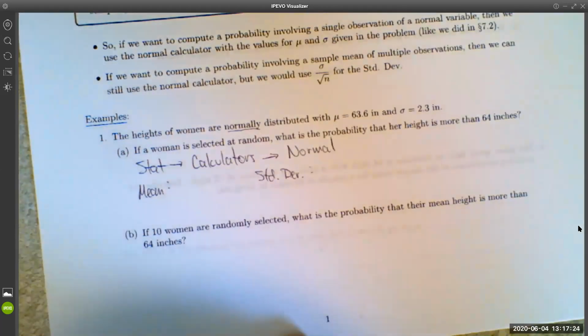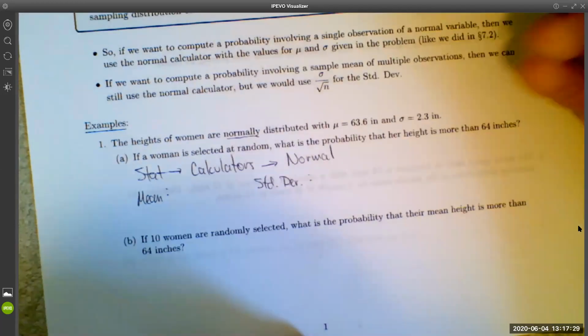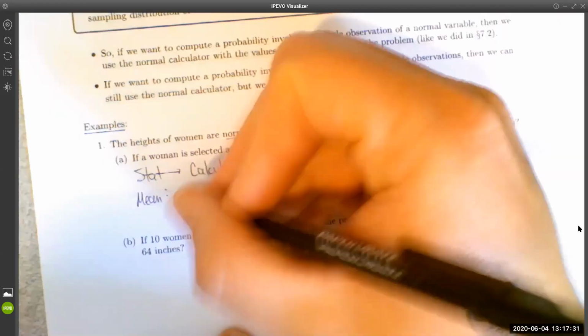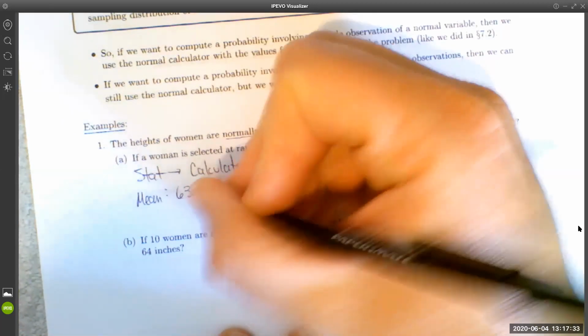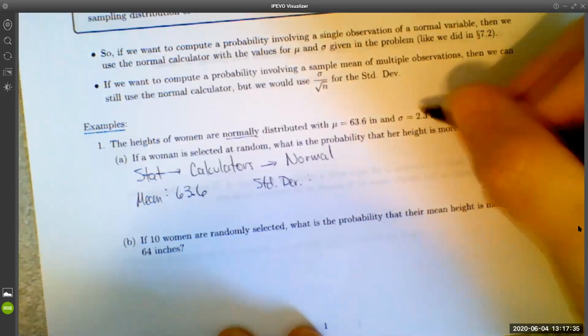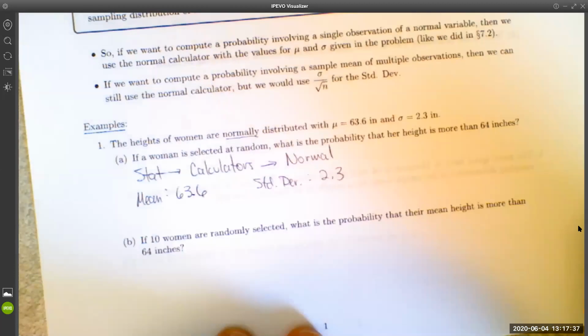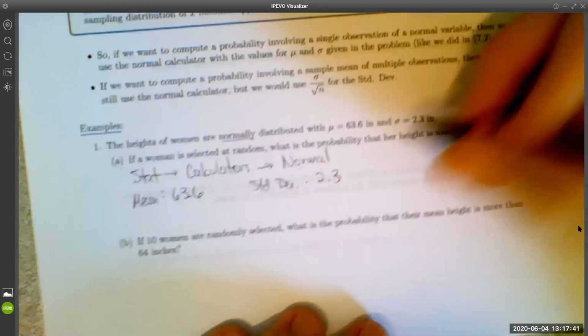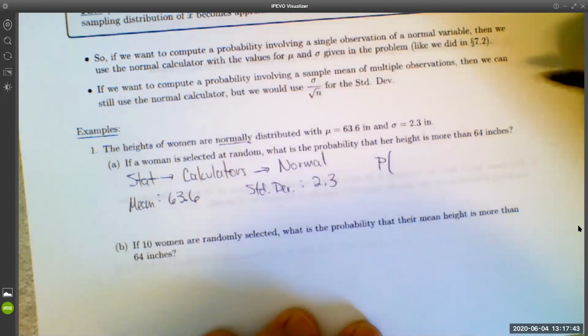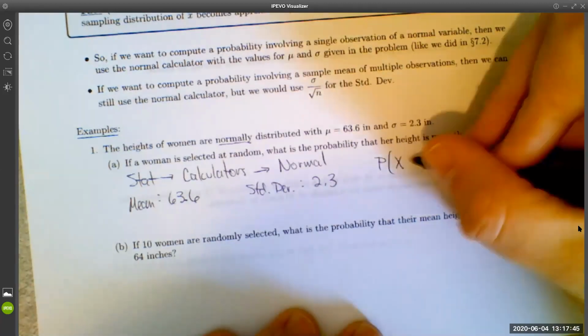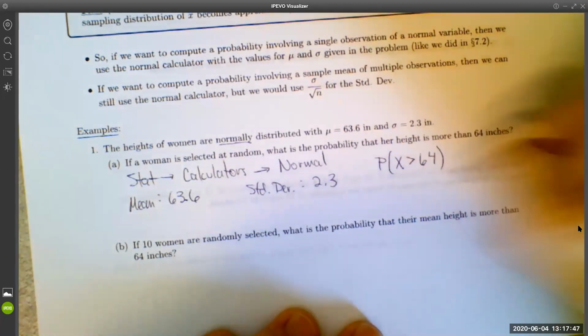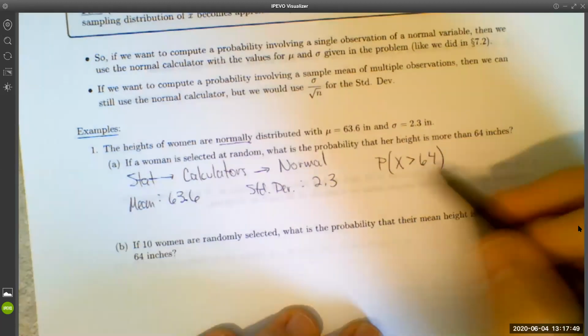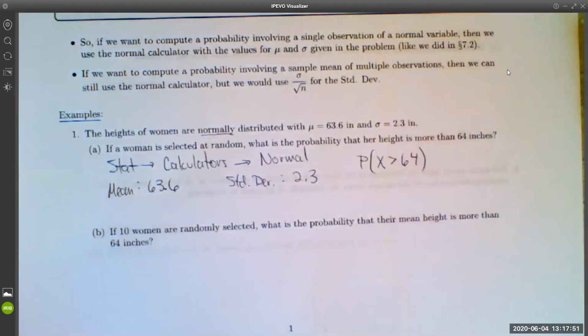So for the mean, we're just going to put in the value for mu, 63.6, and the value for sigma, 2.3. Then we look for the probability that her height, x, is more than 64 inches. Let's go to StatCrunch and see what we get.